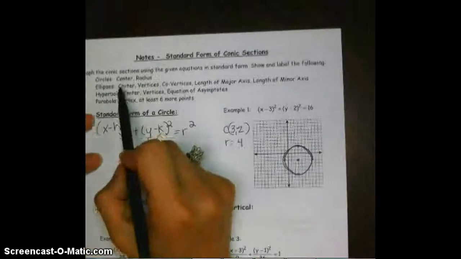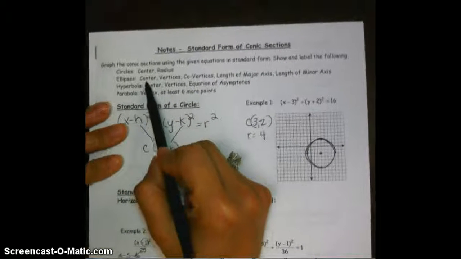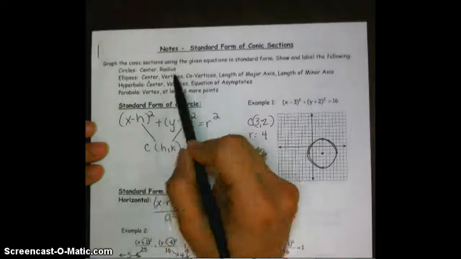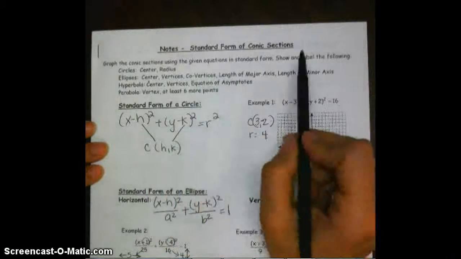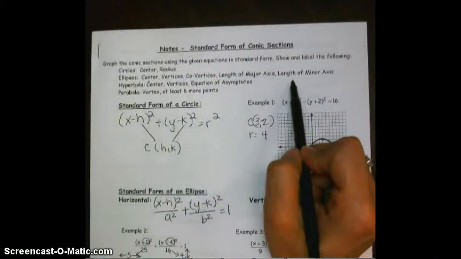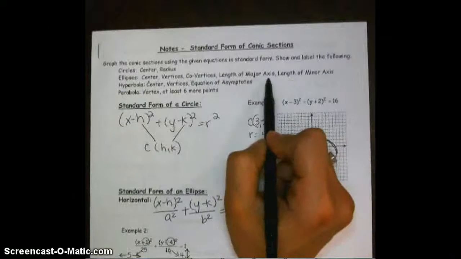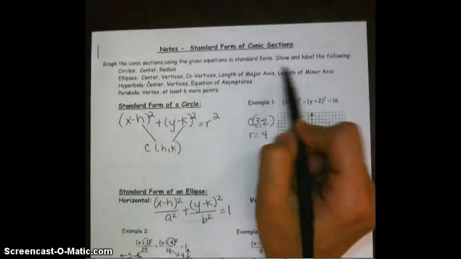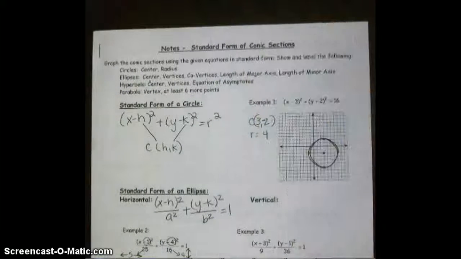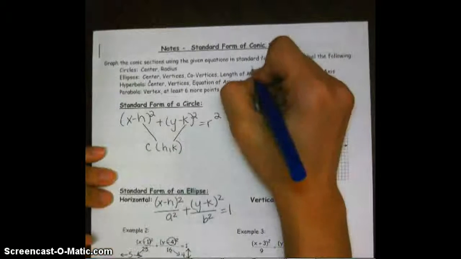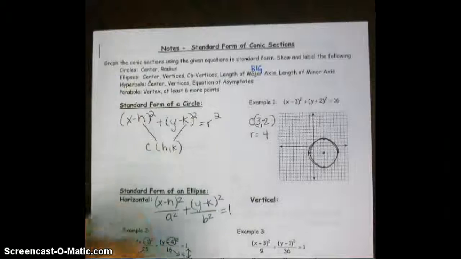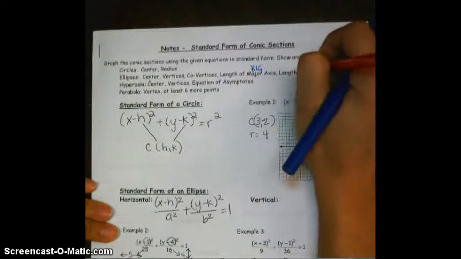All right, so to get full credit for the ellipse graph, you have to identify the center, the vertices, the co-vertices, the length of the major axis, and the length of the minor axis. So we have to kind of define these for you. You know that major and minor is like big and small. So this is big, this is small.